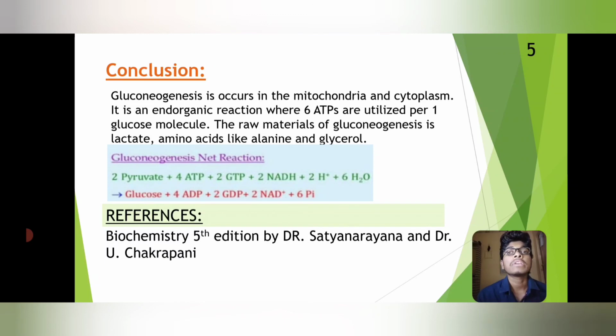The net reaction is 2 pyruvate plus 4 ATP plus 2 GTP plus 2 NADH plus 2H plus 6H2O gives rise to glucose plus 4 ADP plus 2 GDP plus 2 NAD plus 6 Pi.